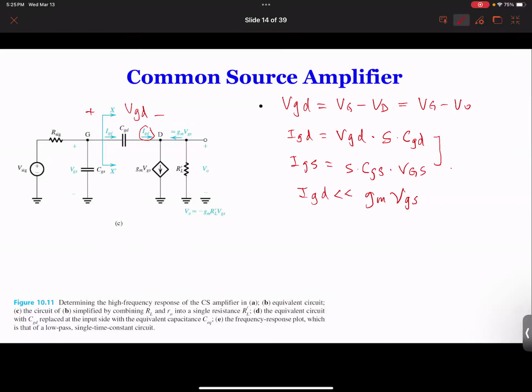What I should have done is this way, which is more accurate: this is VGS, and S is here. So IGD is much less than GM times VGS.